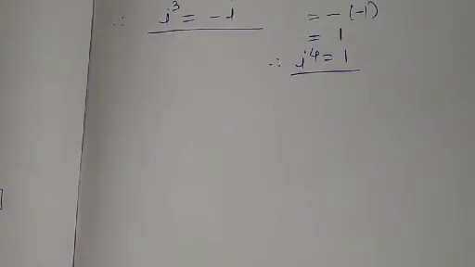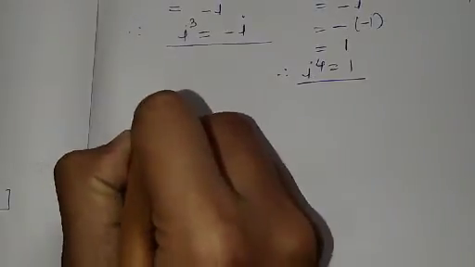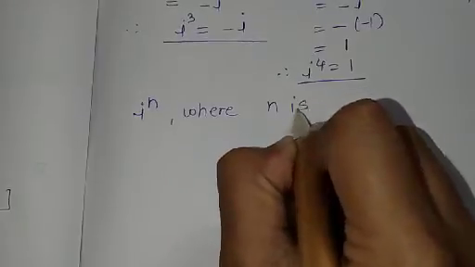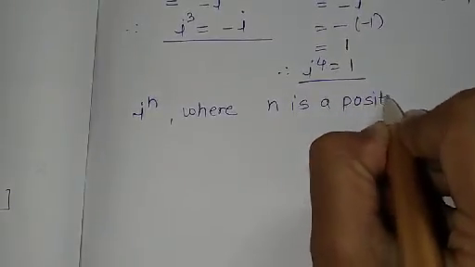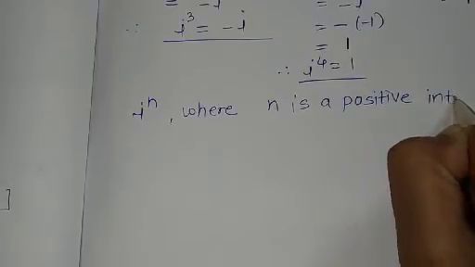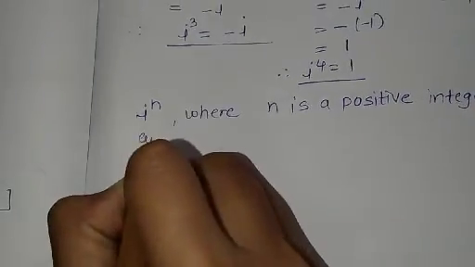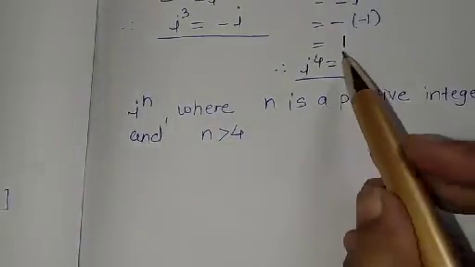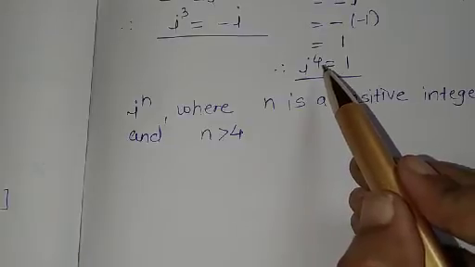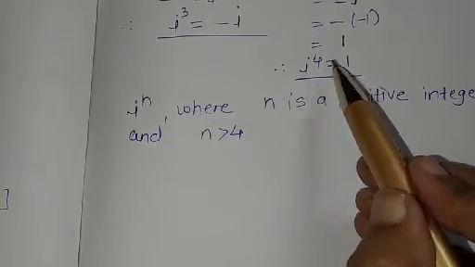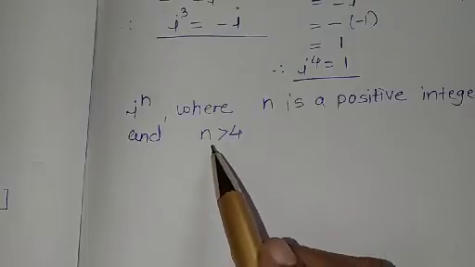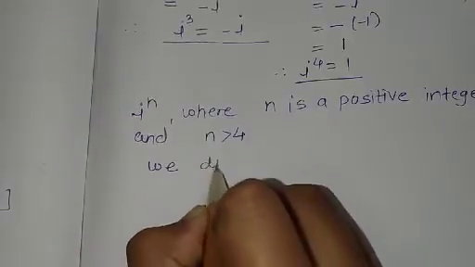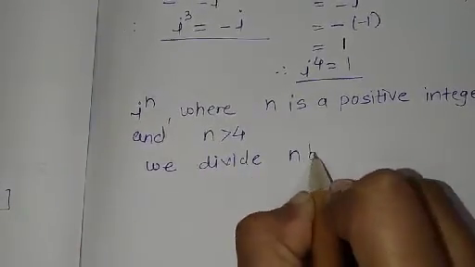Now let us consider iota raised to n, where n is a positive integer and n is greater than 4. Here we see the powers of iota, that is iota raised to 4, but now if n is greater than 4, then we divide n by 4.